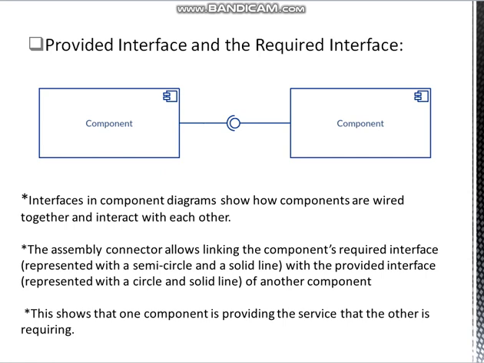The assembly connector, which is represented with a semicircle and a solid line, allows linking the component's required interface with the provided interface, which is represented with a circle and a solid line of another component. And this shows that one component is providing the service that the other is requiring.